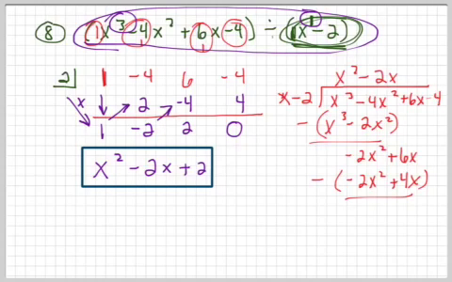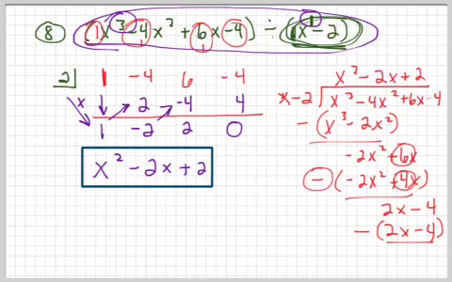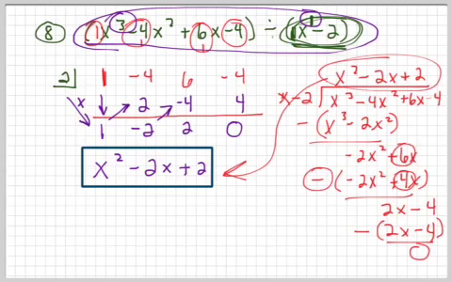Subtract that. 6 minus 4 is 2x, and I bring down the negative 4. And I multiply by a 2 to get 2x minus 4. And I subtract, my remainder is 0. And you can see the division gives me x squared minus 2x plus 2. You don't have to check these things, obviously. We're at the point of synthetic division. Just showing you that that's what our answer comes out to be in long division as well.